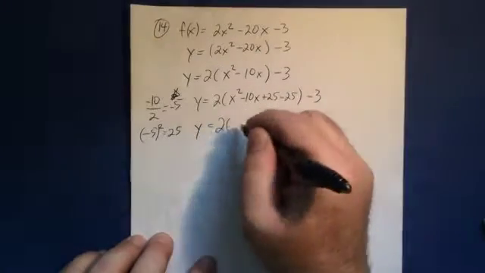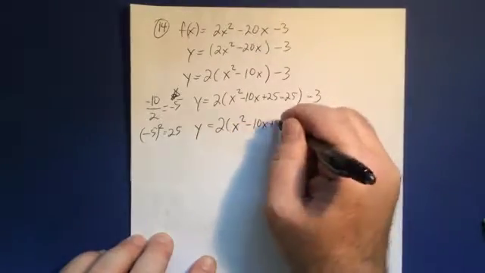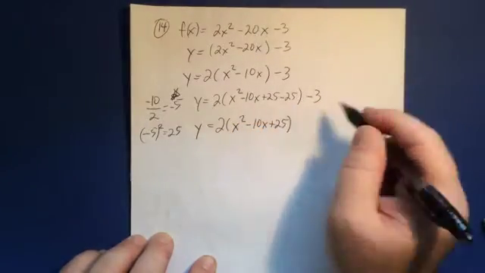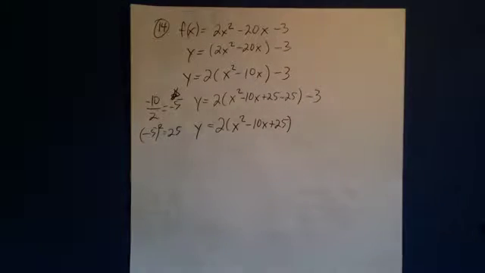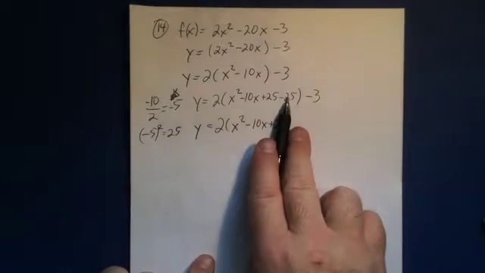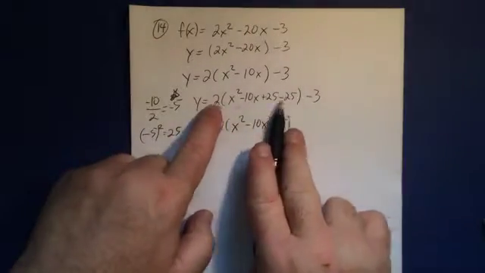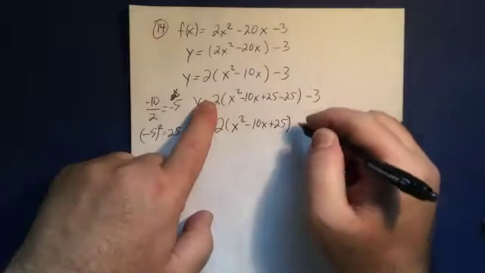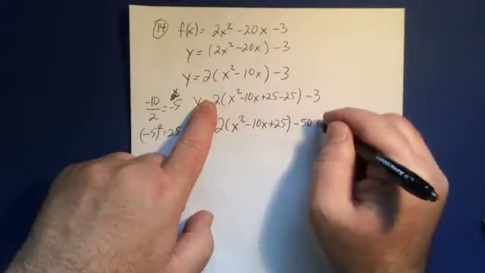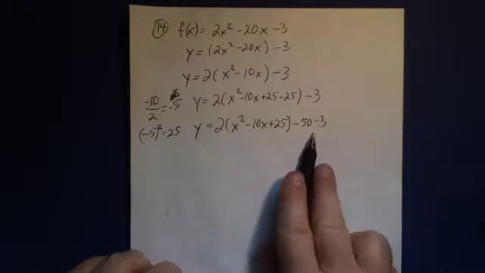So we're going to have 2 times the quantity of x squared minus 10x plus 25. I want to move this negative 25 out. But when I bring it outside, I have to take 2 times negative 25. So when I bring this 25 out, 2 times negative 25 is going to come out as negative 50 minus 3. So you see we're going to have a pretty big number there.